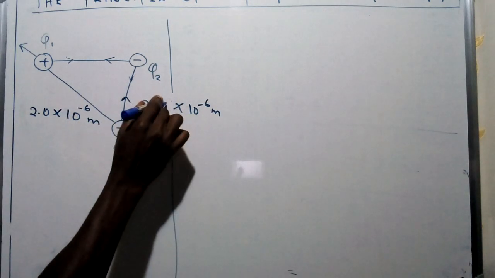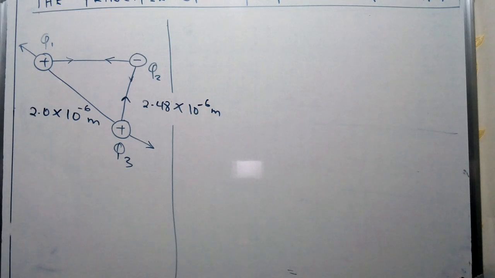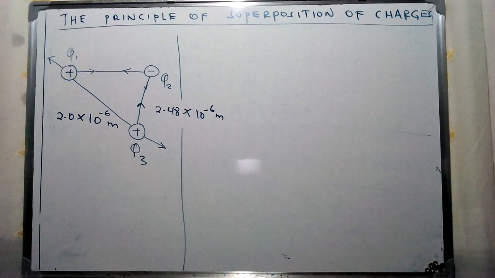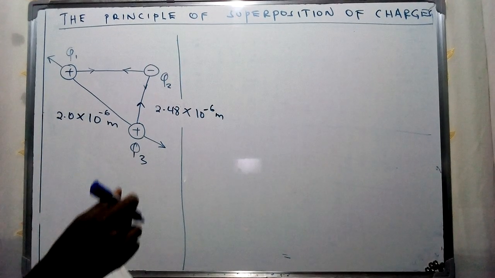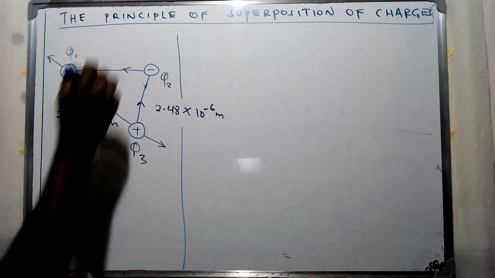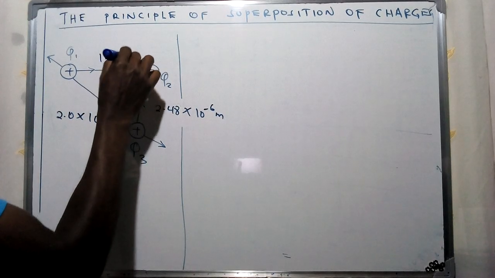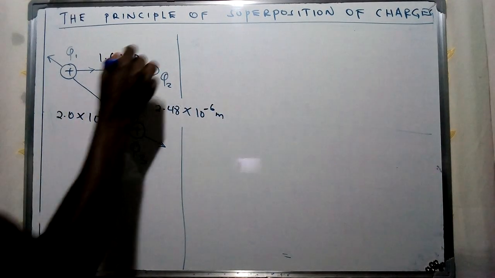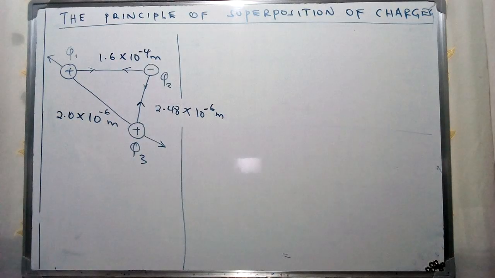And then we are going to have this other distance of separation between these two specific charges given as 1.6 times 10 negative 4 meters respectively.